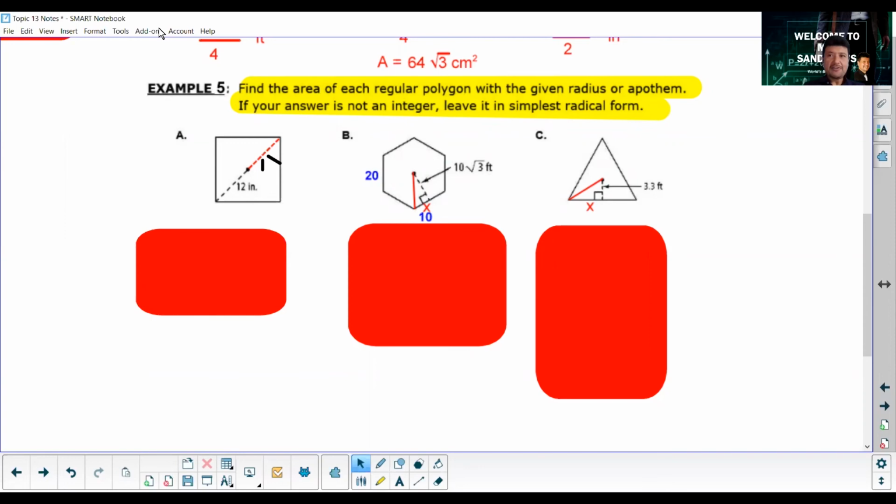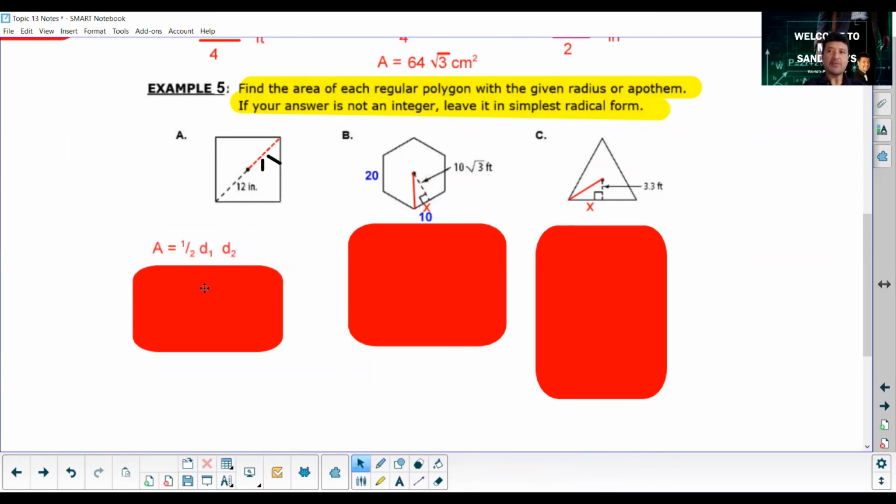All right, great. So we had a little mishap, but we're going to go ahead and finish up these notes. On this last one, we're going to use our concept that this is a kite. And remember, to refresh, the area of a kite is 1/2 the first diameter times the second diameter.